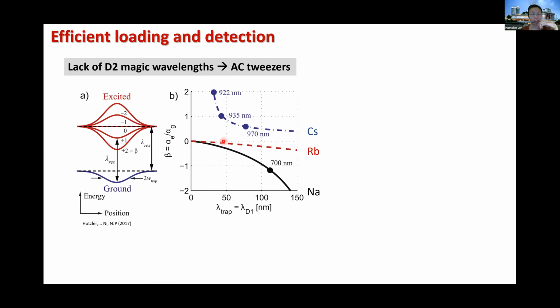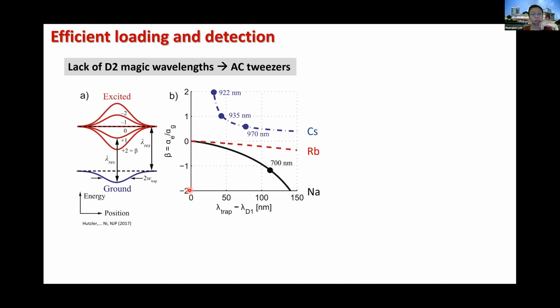Well, many people still work with rubidium tweezers, and that's because it's not such a bad effect in that case when you're operating at a typical tweezer trap wavelength of less than 50 nanometers away from the D1 wavelength. You have a very, very slightly anti-trapping excited state, but that's about it. And it's still okay compared to, say, the photon recoil energy that is gained from rubidium. Now, on the other hand, for some of the lighter atoms like sodium, even potassium, this actually becomes quite a problem.